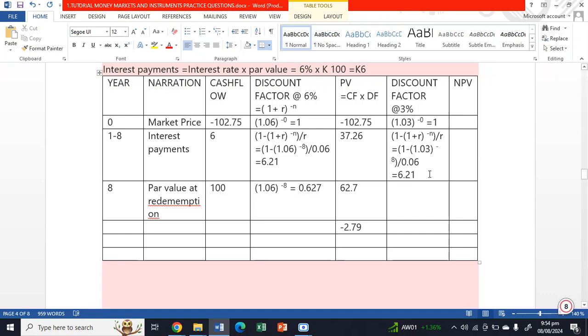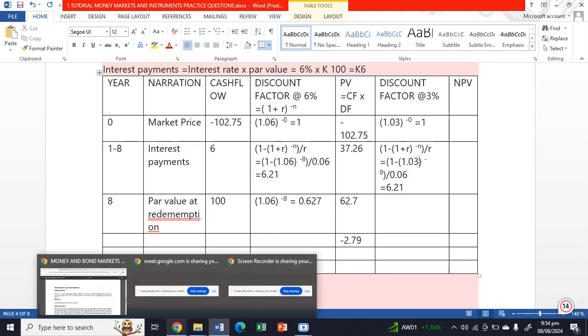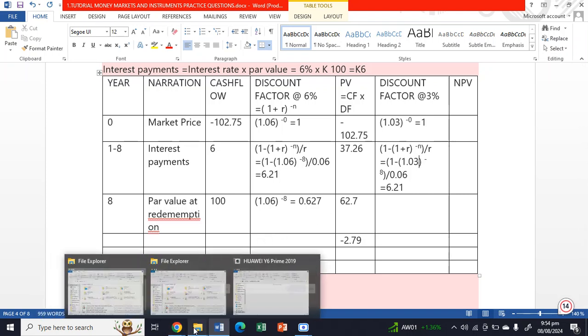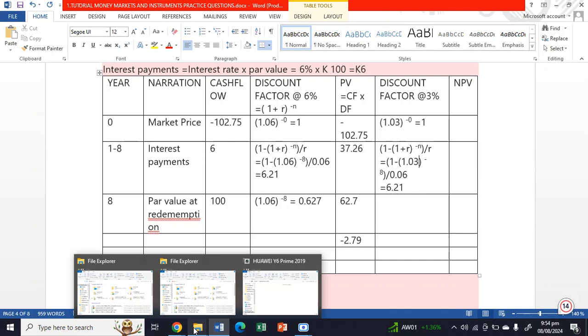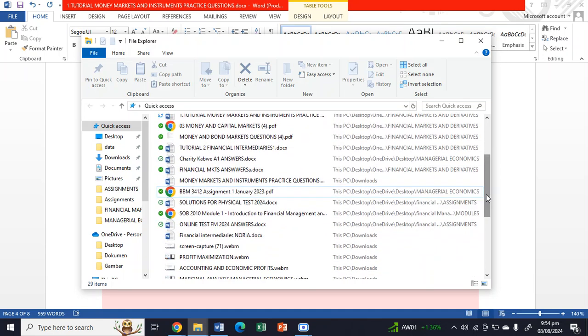Let's get our calculators to get this annuity factor. Do I have the tables here? Colleagues, do you remember how to use these tables? Let me just get the tables also.